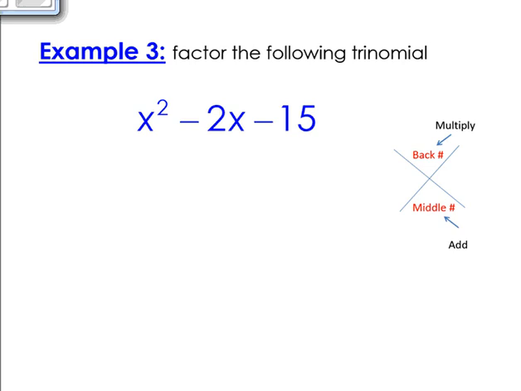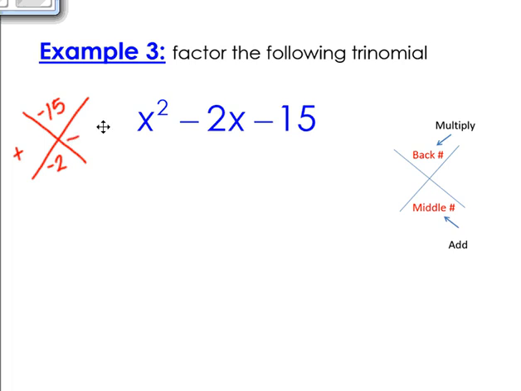So this time we're going to talk about, same thing, it's a trinomial, it's in standard form. I'm going to start with my x. I'm multiplying to get the back number, which is negative 15, and adding to get this middle number, which is negative 2. Notice this time my back number is negative, which means these two signs are going to have to be different. I'm going to have one positive and one negative.